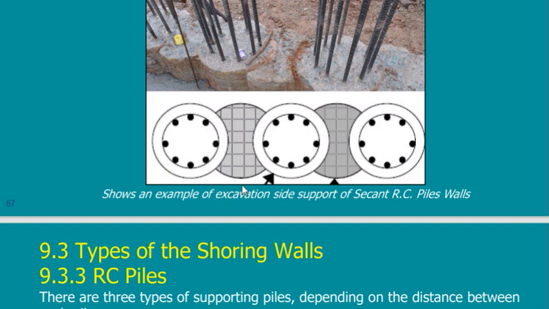So you will end up having these reinforced concrete piles, which are the main stiffeners for the wall. These are the things that carry the wall. And having these plugs, or the bentonite piles or the secondary piles, whatever name they call it.